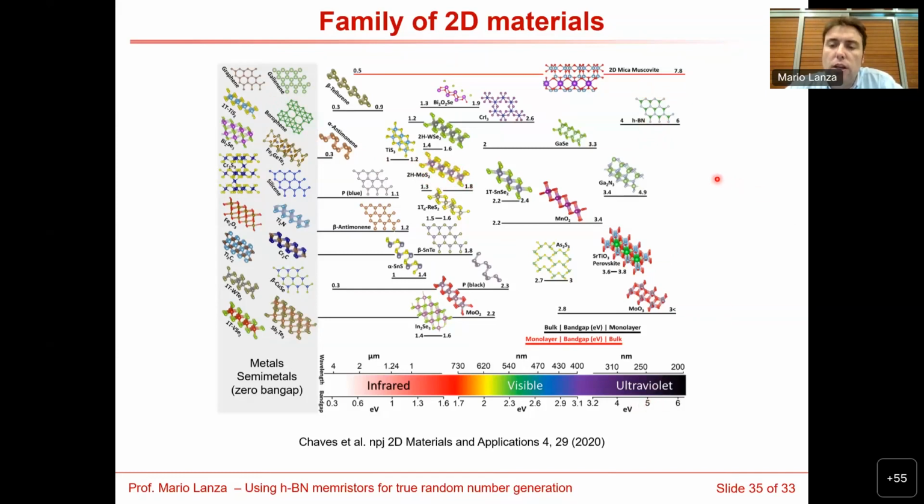Each of them uses different precursors and also different catalytic substrates. Even for the same material, you can use different catalytic substrates. Actually, for boron nitride, the growth has been demonstrated on copper, nickel, iron, and platinum. So you need some intrinsic properties from the substrate.